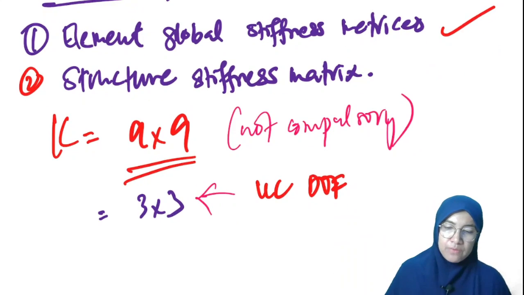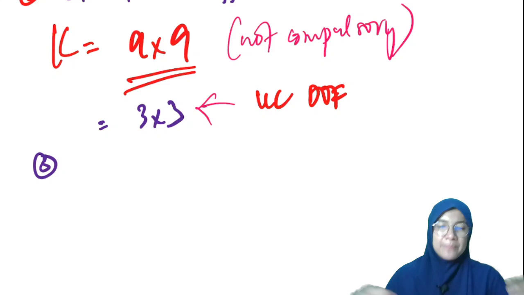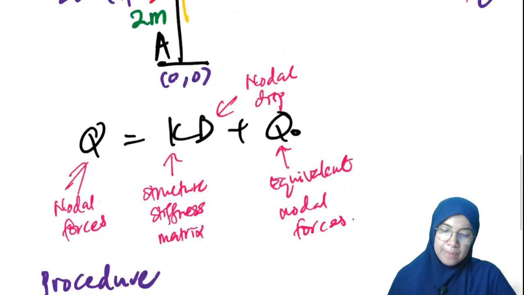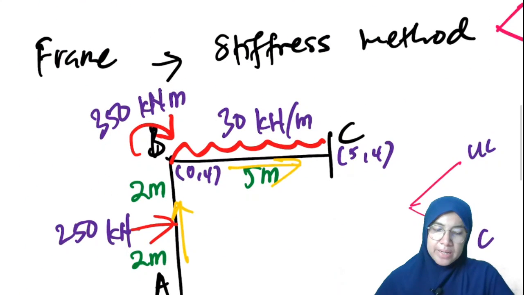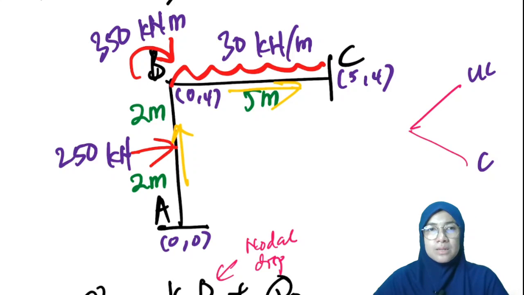So we move to step number 3. For the frame, let's look at member AB as well as member BC. Member AB has loading subjected to the member, and member BC has UDL. Of course, UDL is a member load.